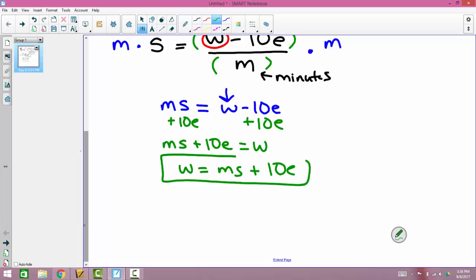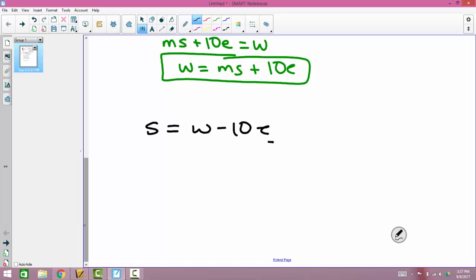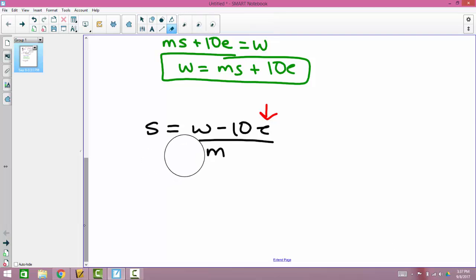Now I'm going to rewrite that initial equation and we're going to solve for a different letter. So S equals W minus 10E over M. Let's solve for E this time. Ooh, this division sign is a little long.